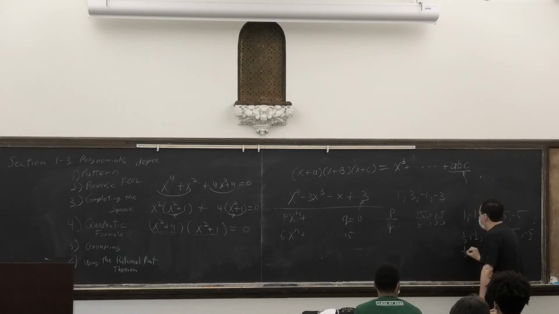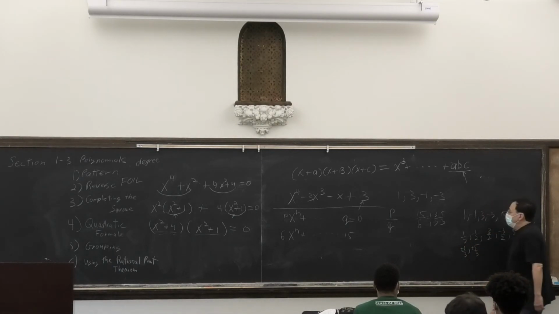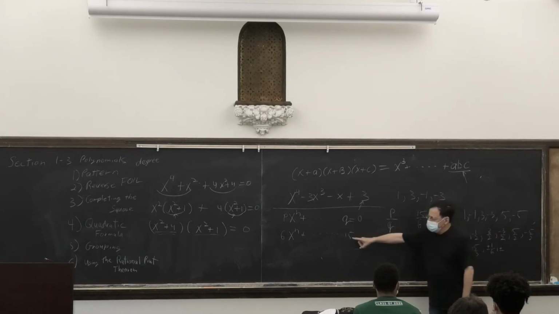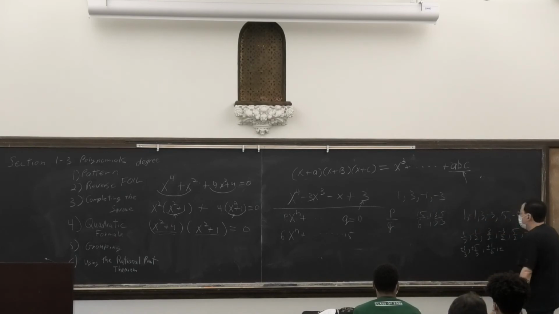There's a lot of them. 1/3. We already hit 1, 5, plus or minus 1/3, plus or minus 5/3. And then this could be 6, right? So plus or minus 1/6. This seems kind of tedious, but hey, it might be our only shot at factoring this. 3/6 is a half, so we covered that already. 5/6.